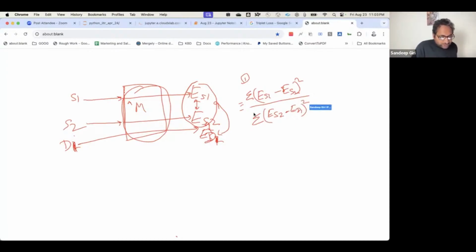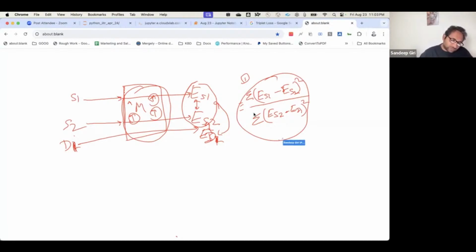So I would tweak these knobs in this model slightly and observe: is this error going down or going up? If it is going up, I'll keep twisting this knob to the other side. Otherwise, I'll twist it forward. So this is one example of the loss function.